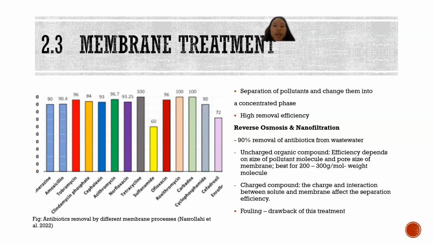The rejection efficiency for uncharged organic compounds depends on the size of the pollutant molecule and the pore size of the membrane. For charged compounds, the charge and interaction between the solute and the membrane will affect the rejection process, and fouling is an issue of this treatment.